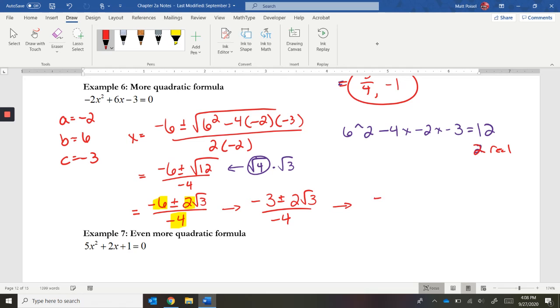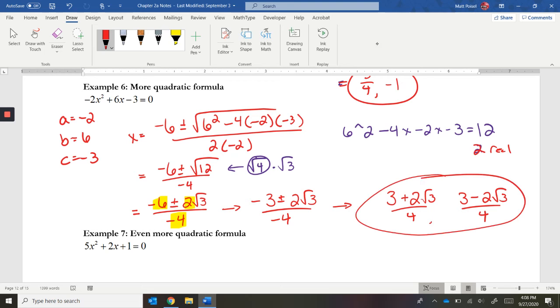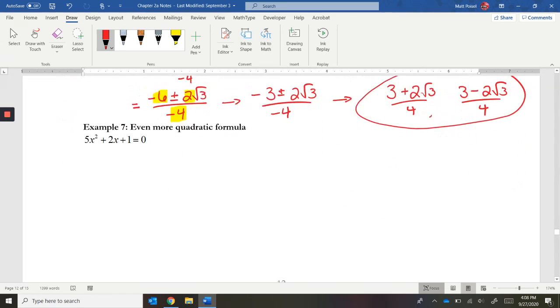I'm going to go ahead and just go negative 3 plus, actually no, the negative is going to take care of that. So let's go 3 plus 2 square root of 3 over 4, and then 3 minus 2 square root of 3 over 4. So basically what we would have done, if we would have reduced everything by negative 2, that's what we would get. Okay, but it ends up being a little bit more forgiving because we've got that plus or minus.